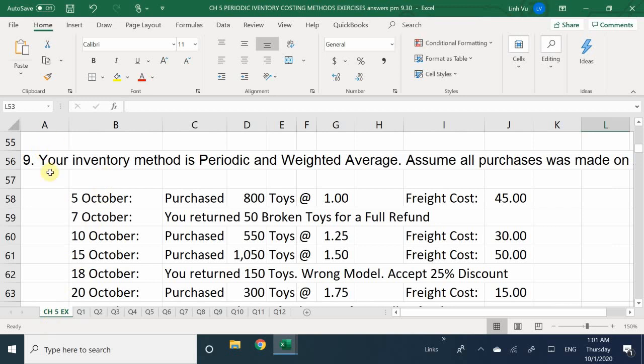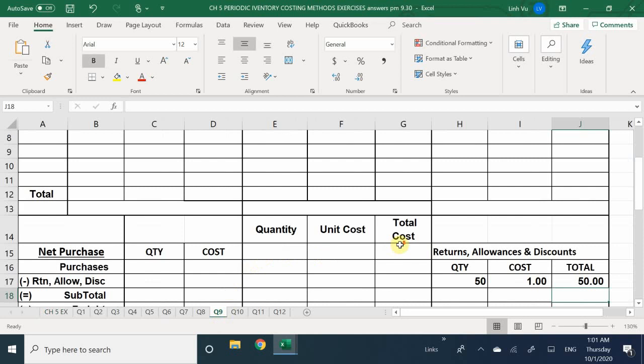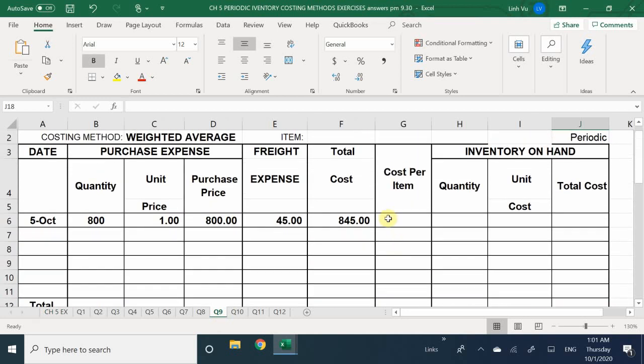Next is going to be on October 10. We purchased 550 toys at $1.25 with freight of $30. So here on October 10, we have a total of 550 items at $1.25 with the freight of $30.